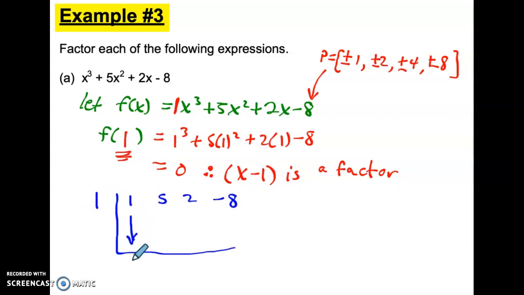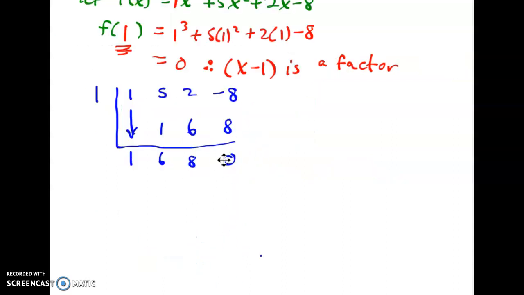Okay, just quickly doing synthetic division, pull down the 1, multiply by 1, add, multiply by 1, add, multiply by 1, add. And we already know that the remainder is 0, so if you don't get a remainder of 0, you've done something wrong. And then we have a constant term, an x term, and an x squared term.